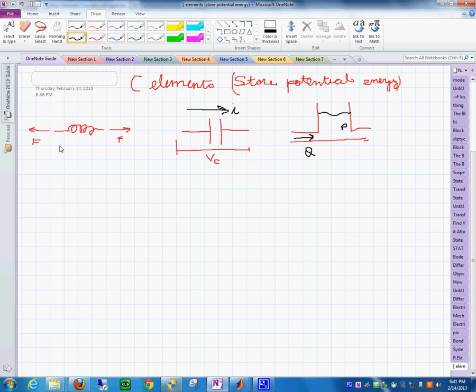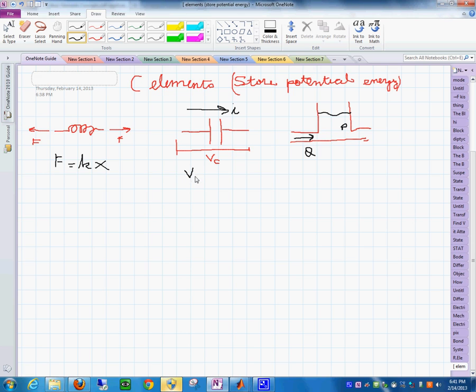Now, how are the equations of this spring? According to Hooke's law, force is equal to K times X, right? That's what this says.